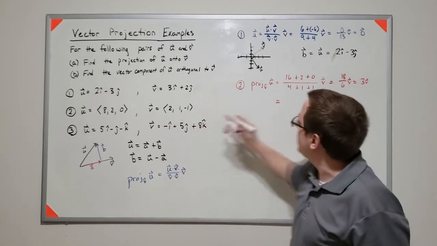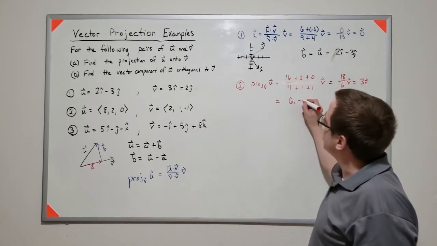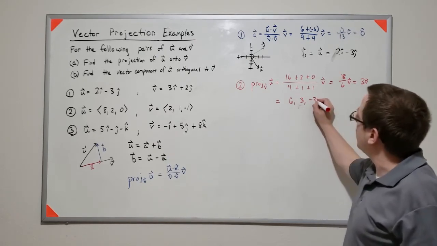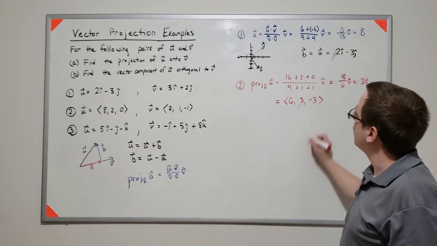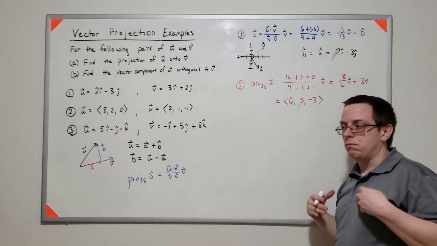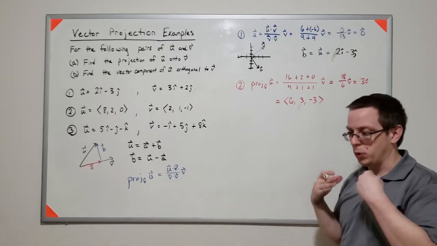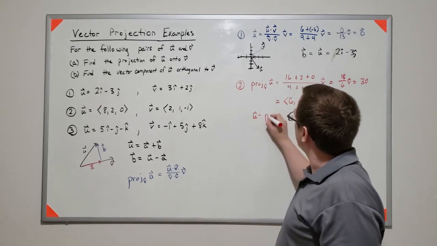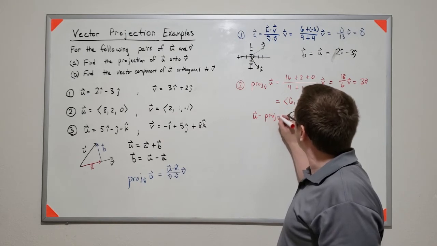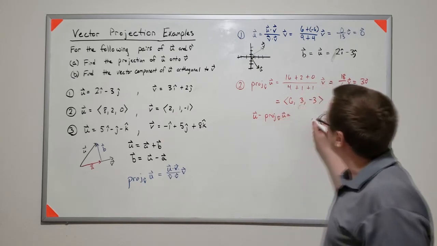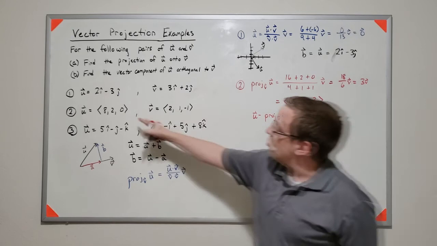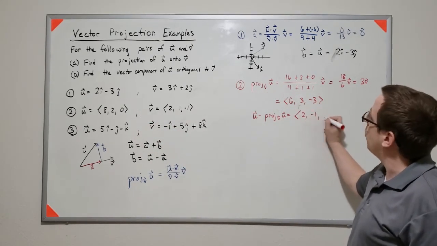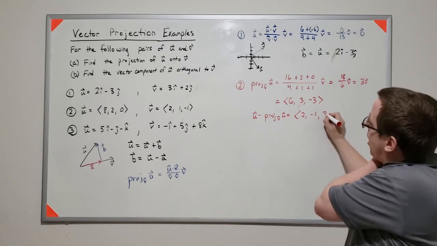So 3 times v is 6, 3, negative 3. So that is the projection of u onto v, and that orthogonal component is u minus that. So that's going to be 2, negative 1, and positive 3.